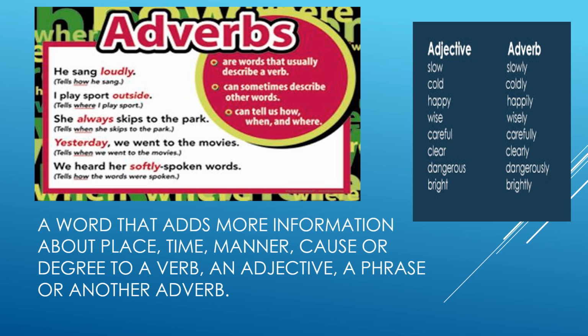There is another definition below this picture: a word that adds more information about place, time, manner, cause or degree to a verb, an adjective, a phrase, or another adverb.